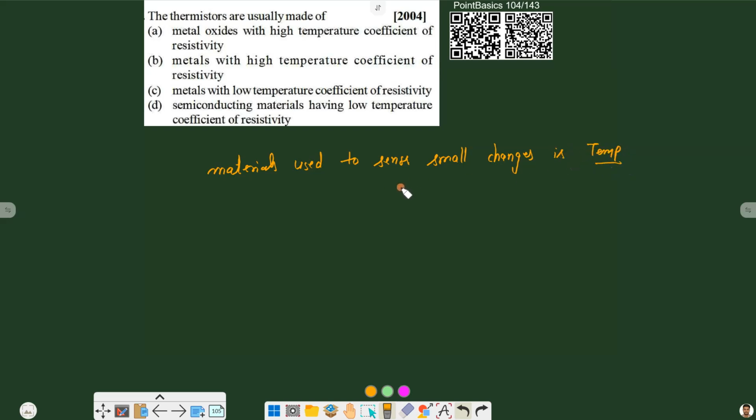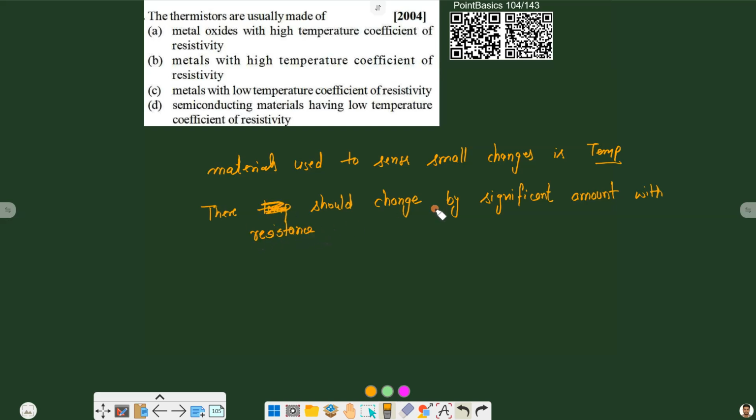Now, if they have to sense small changes in temperature, means their temperature should change by a significant amount. Oh, sorry, not their temperature, their resistance.